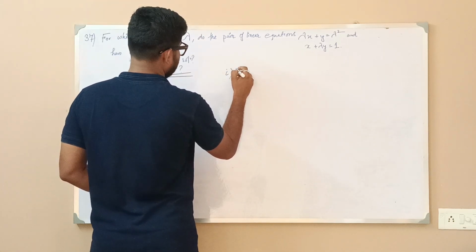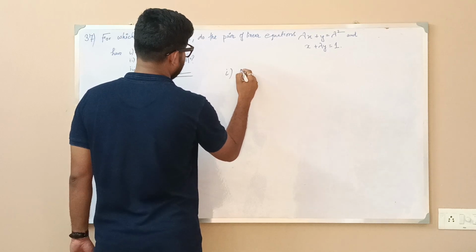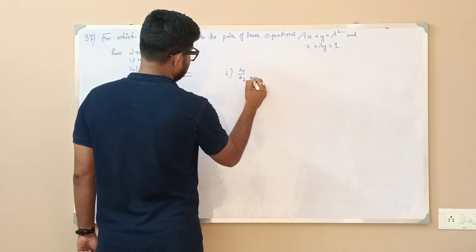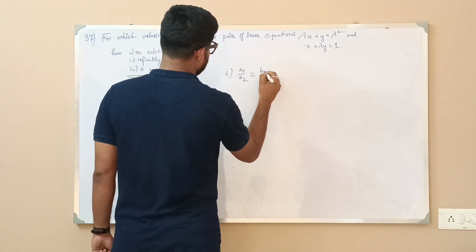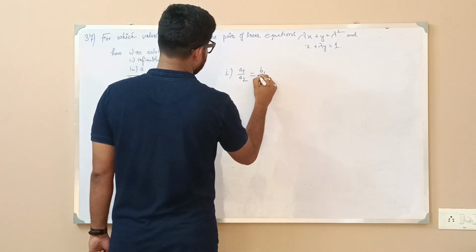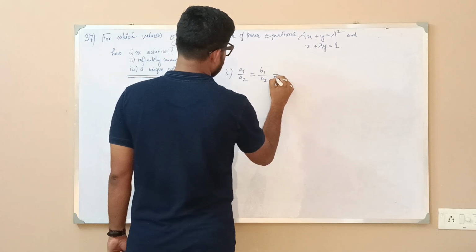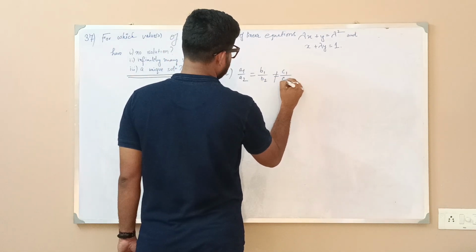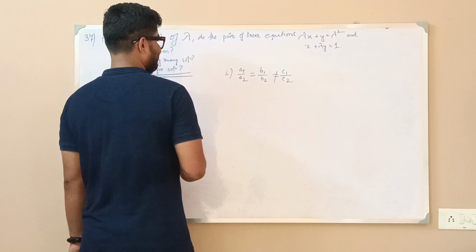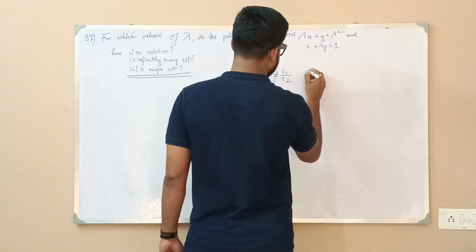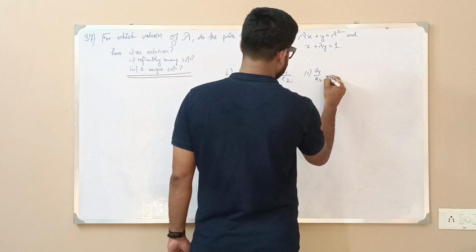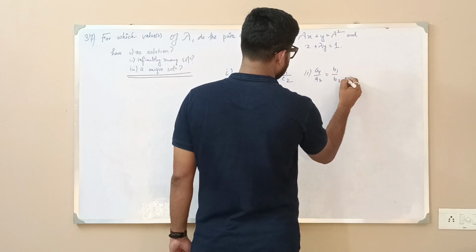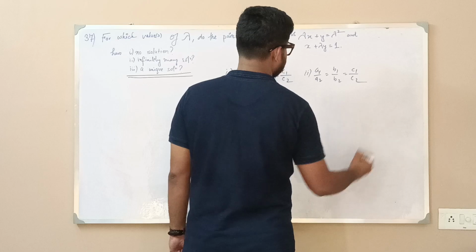So for no solution, we have to satisfy a1 by a2 equals to b1 by b2 not equals to c1 by c2. Okay. Now for infinitely many, a1 by a2 equals to b1 by b2 equals to c1 by c2.